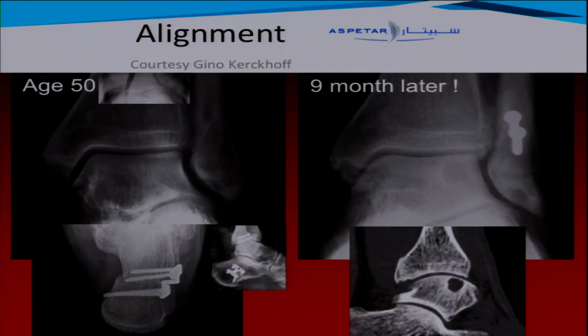Now, what did they see? The fracture was stabilized. But for one reason or another, 9 months later, you can see here, in comparison to the previous picture of the fracture and afterwards, that there is a cystic change in that lateral talar dome.